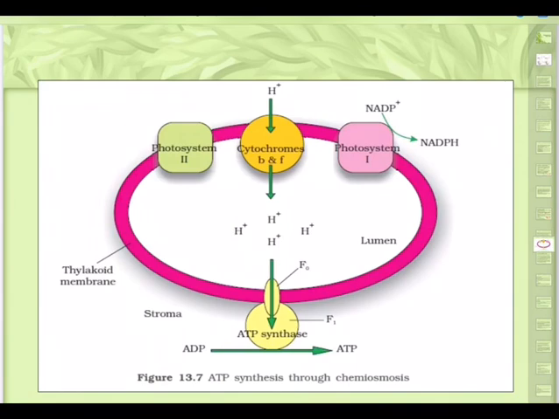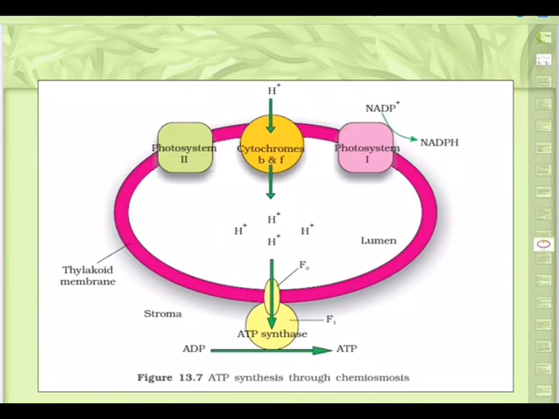It obtains electrons from PS1 and protons from the matrix to reduce NADP plus to NADPH plus H plus.